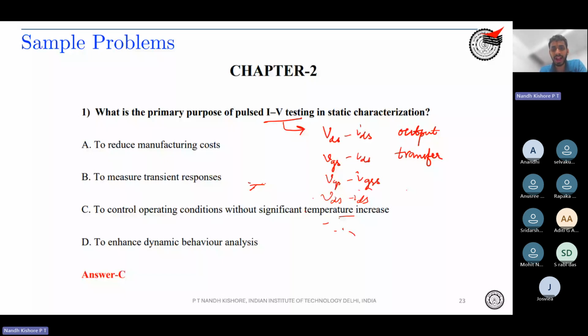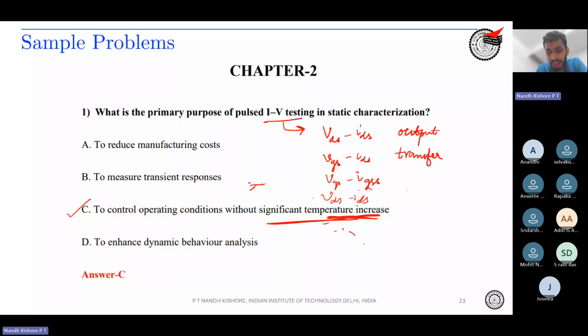So I think I answered it over here. The purpose of pulse IV testing is you can go to extreme values without significant temperature increase. Basically the device doesn't recognize that you have gone to such high values, because before the temperature can increase to so high, you have turned off the device.